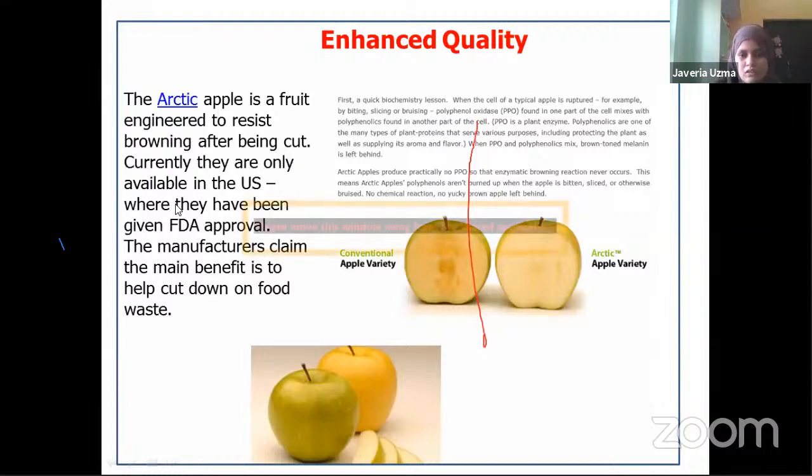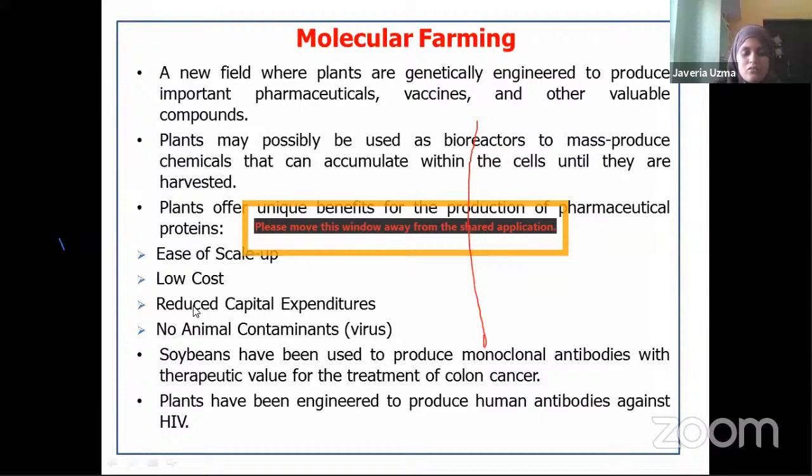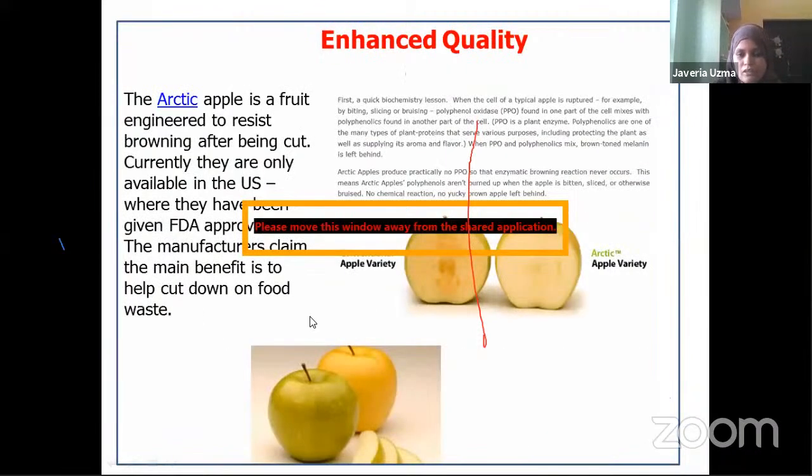Okay, these are in use in the US now. So here, what is the main application of this is to cut down on food waste. Whenever an apple turns brown, we will waste it. So in order to avoid that food waste, this quality enhancement was introduced using transgenic technologies.